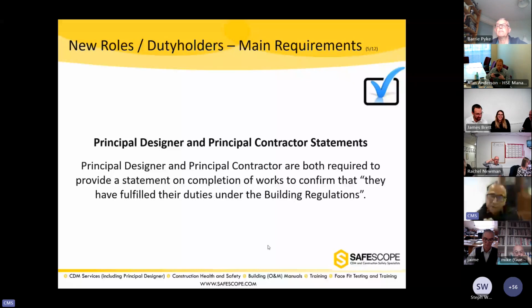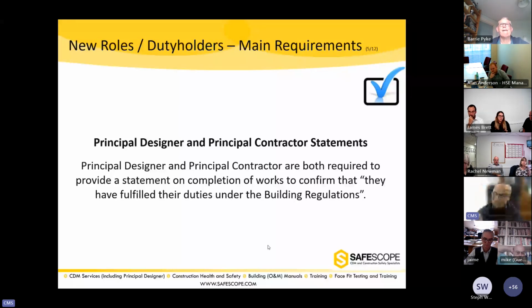Whereas you, as a principal contractor, those of us in today with us who act as principal contractors or contractors, you will have to give us a statement to say you have complied with your duties. You are not saying the whole project complies with the building regulations, but you've done your bit. But the client is in deep trouble, really, signing up to say the whole project complies with all applicable requirements of the building regulations.